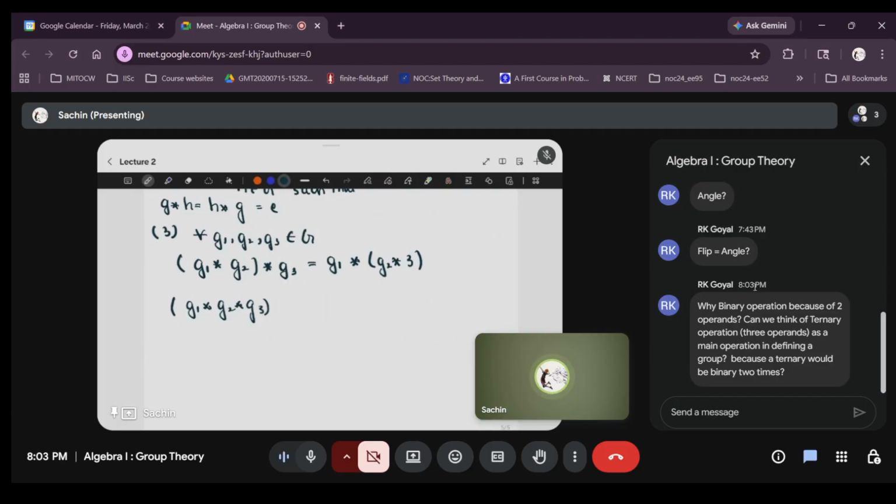We are only dealing with binary operations. Our model for this is the set of integers under addition.